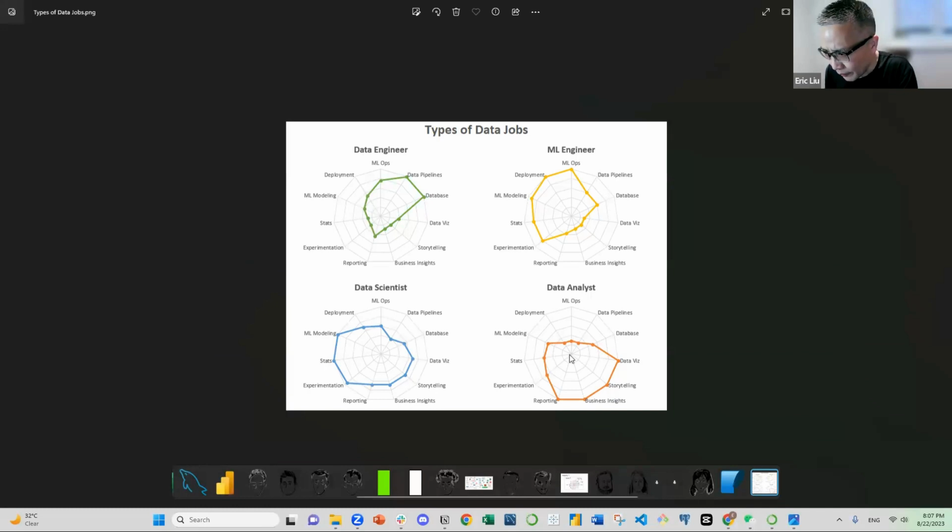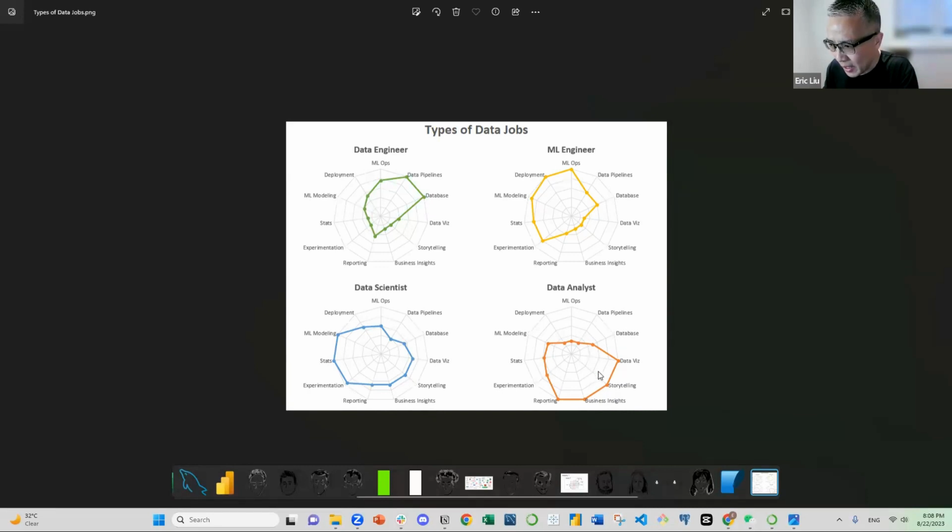And from the central point, that is 0 and 1 and 2 and 3 and 4 and 5, you can see how much emphasis we place on different skills for a particular role. So just for your convenience, let's start with DA, and then we will go clockwise.